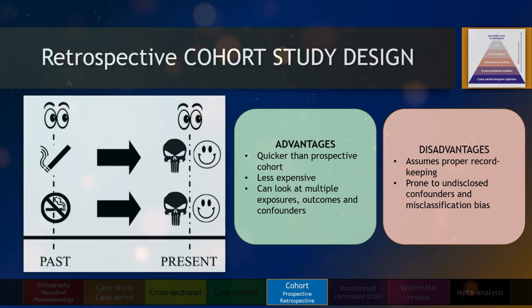Similar to prospective cohorts, it can also look into multiple exposures, outcomes, and confounders. The main disadvantage of this study design is its reliance on proper record keeping by other people. And due to its records review nature, misclassification is also an issue, and you cannot simply ask questions if you have any. Remember, you're only looking at records, and you do not have access to the actual people.